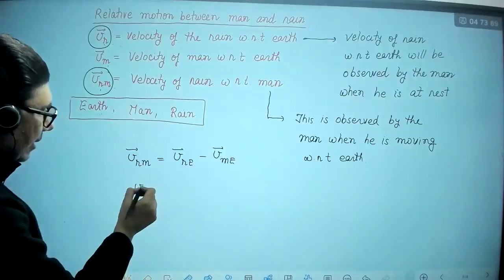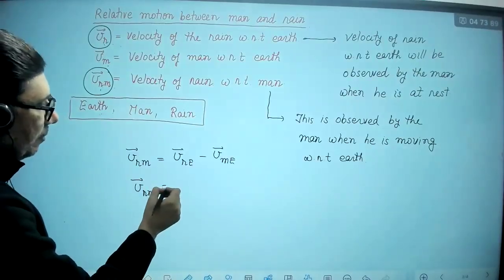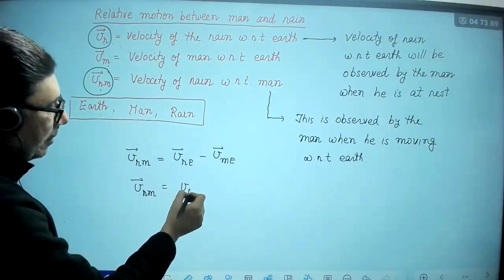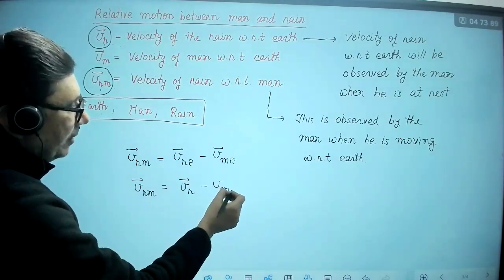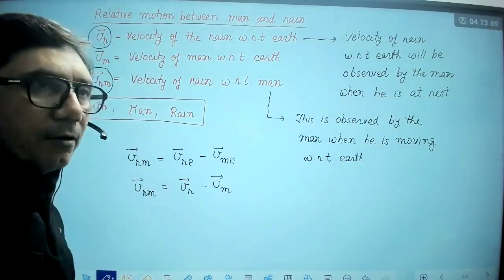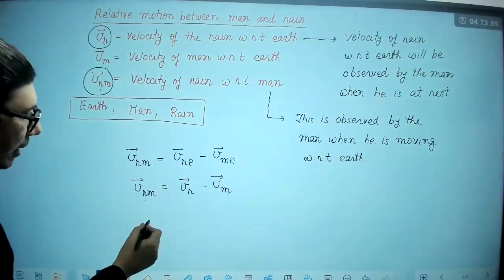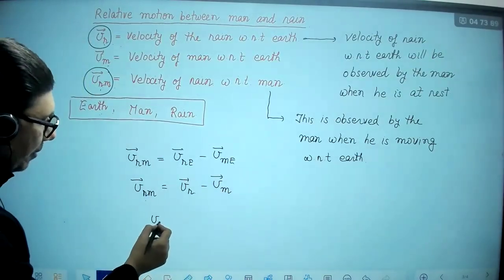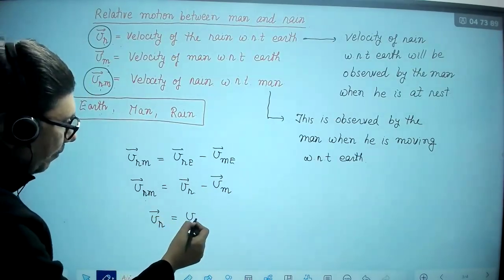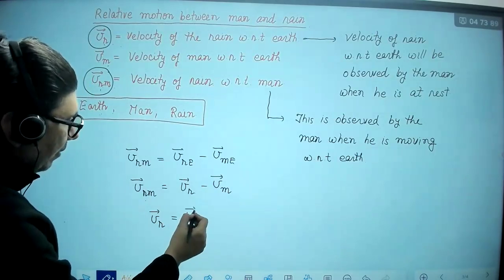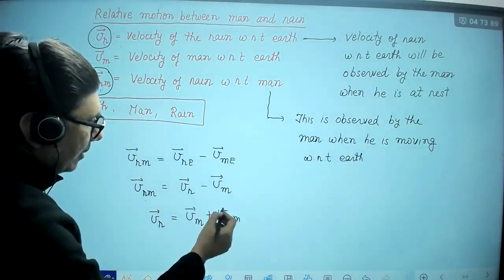So simply I can write velocity of rain with respect to man will be equal to VR minus VM. Always keep this in your mind. Bring this VM on this side. And what will be VR? VR will be VM plus VRM. Always remember this line.